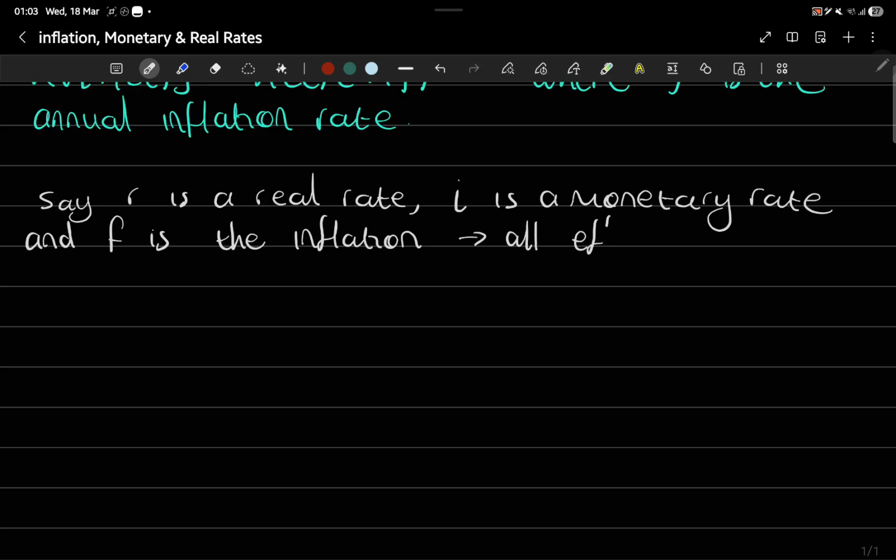All effective and constant. So we're not dealing with nominal interest rates here. We're dealing with effective rates that are constant throughout the time period. This is just for mathematical ease for us.